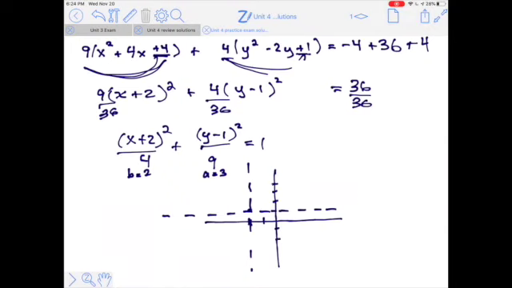Okay? So starting from that center point, you're going to go up 3 and down 3. And I went up 3 and down 3 because my value for a was associated with the y variable, which is vertical. Okay. And then since b here is associated with the x variable, I'm going to go to the right 2 and to the left 2.